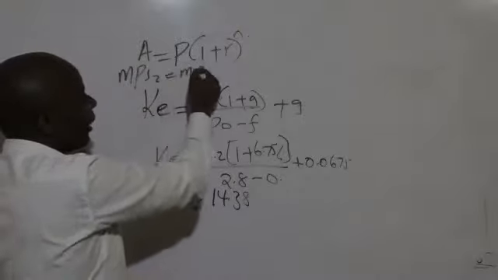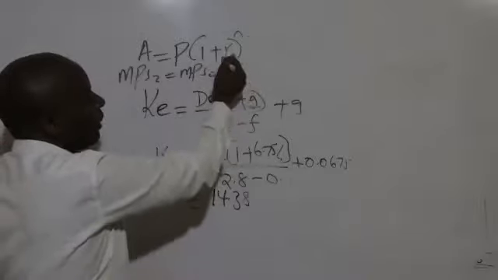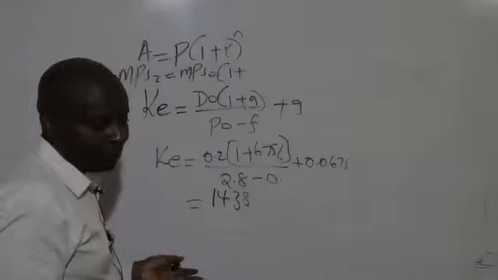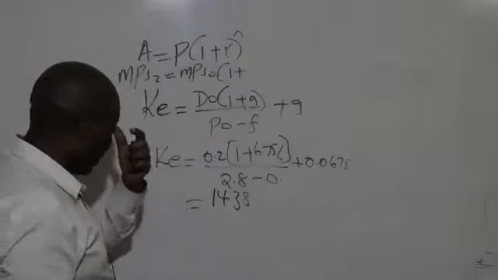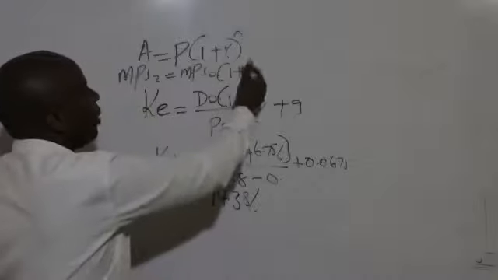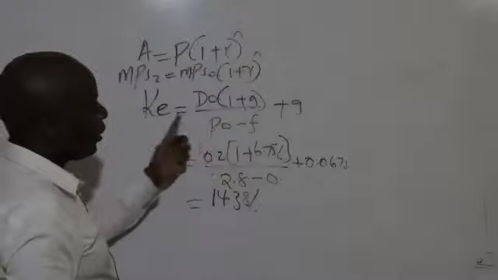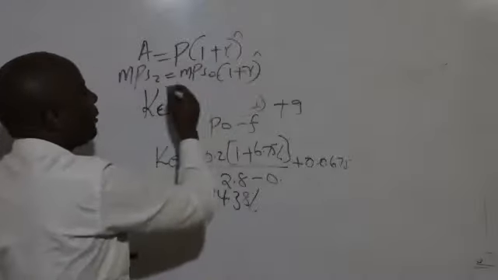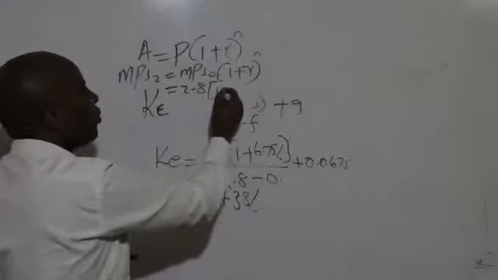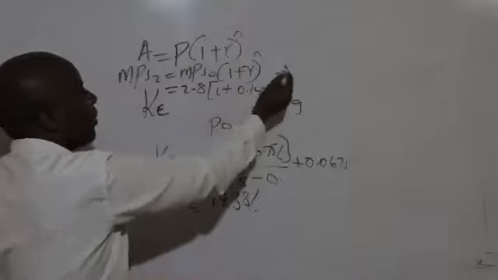The principal will be the MPS at time 0. R is the cost of capital, which is 14.38%, raised to power n. So the current P0 is 2.8 into 1 plus 0.1438 raised to power 2.